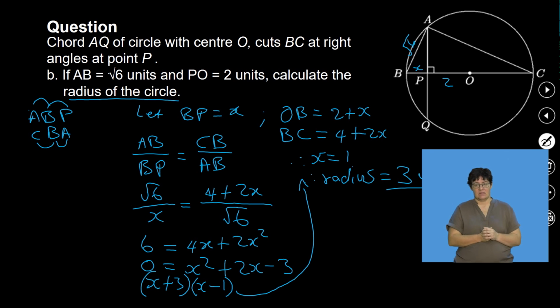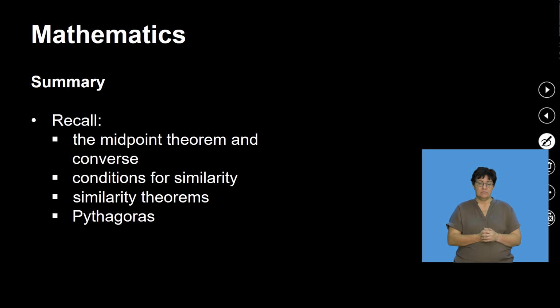All right, so remember, as soon as you are given some extra information in the statement, you go straight to your diagram and write down whatever information you are given and then solve it from there. The main thing that we are using here is the similarity that we've proven before. So in summary, you must recall the midpoint theorem, which you did when you started doing your core maths, normally in grade 10, and the converse thereof, and then the conditions for similarity.